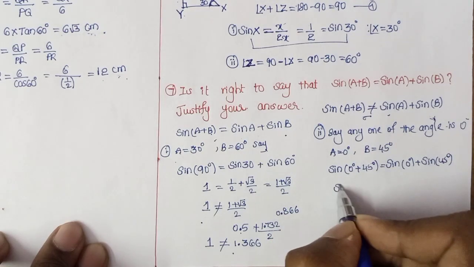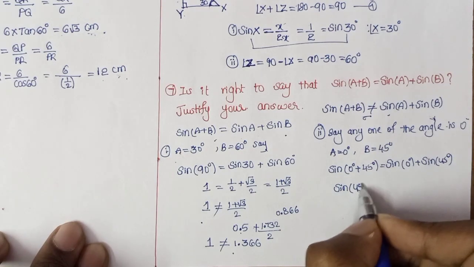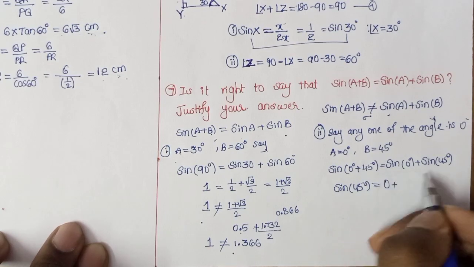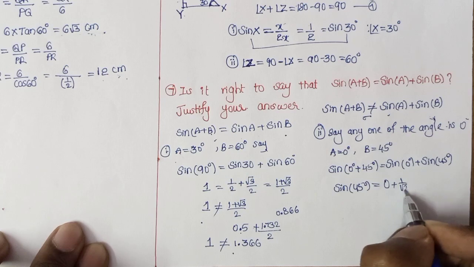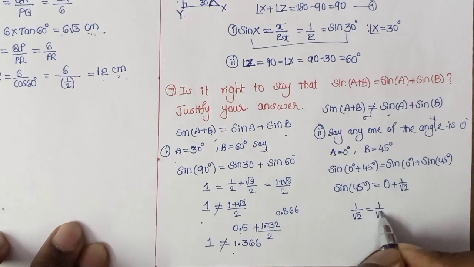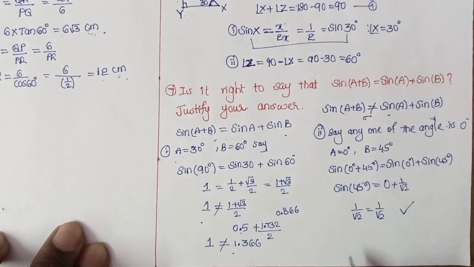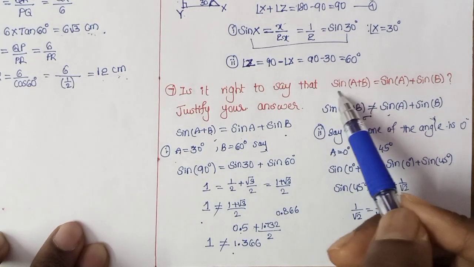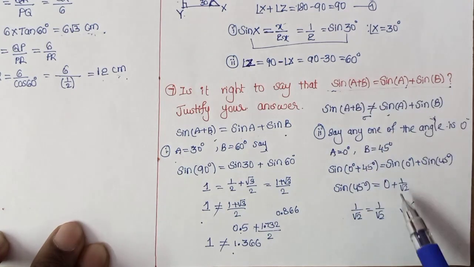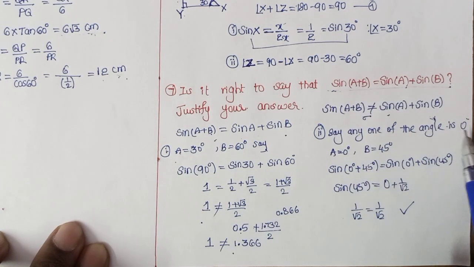Sin 45 degrees on the left. Sin 0 is 0, and sin 45 is 1 by root 2. 1 by root 2 is equal to 1 by root 2. So it is true: this relationship holds when any one of the angles is 0 degrees.